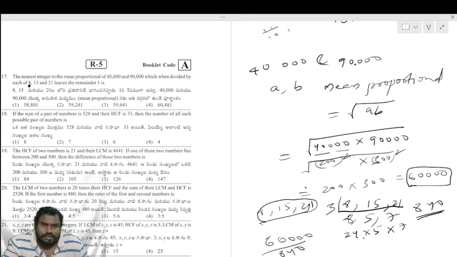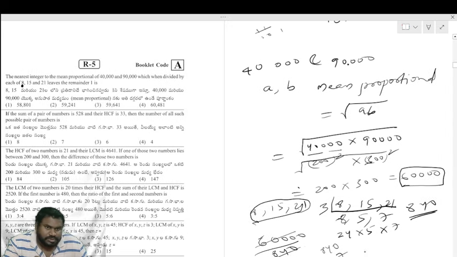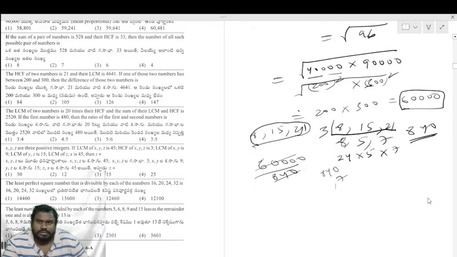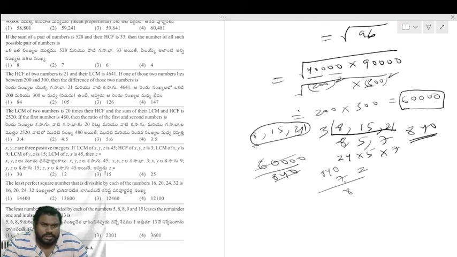So I'll do 840 into 7 times. 840 into 7, 5880. So there is 120 left. So 120 and again 1200.